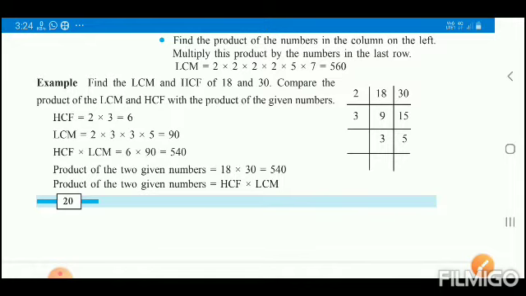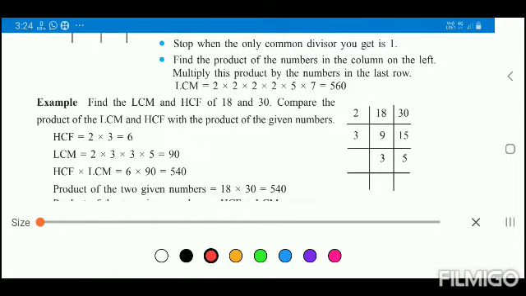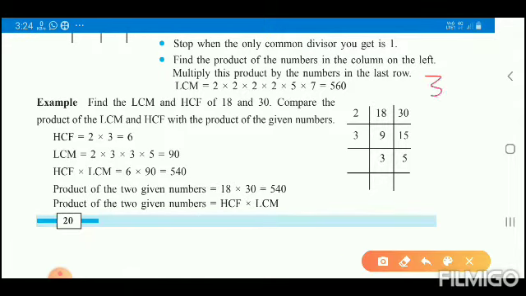So you will multiply 30 by 18. Then you will get the answer, that is 540.